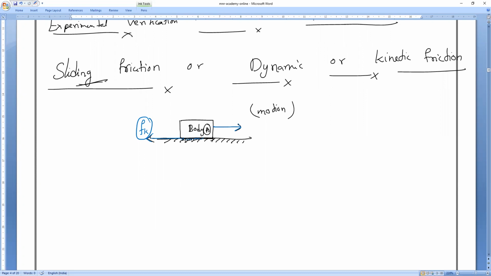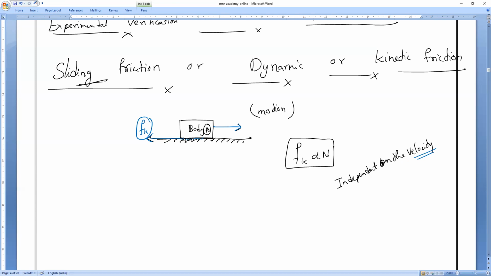Now this sliding friction is also directly proportional to the normal reaction, and it does not depend on the velocity with which the body is moving. It is independent of the velocity. So tell me, static friction varies. Kinetic friction remains constant or varies?